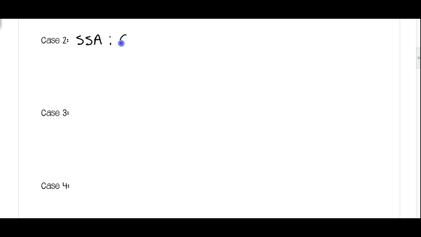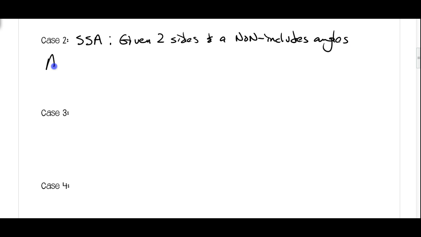So side-side angle, we are given 2 sides and a non-included angle. Okay, this is called the ambiguous case.